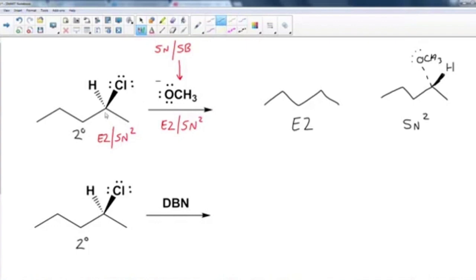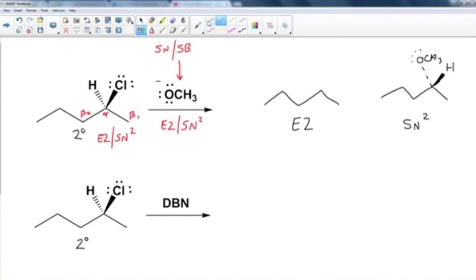Now we figure out the E2 product. We have the five carbons as we did before, with beta 1 and beta 2. Remember that the elimination reaction is going to follow Zaitsev's rule to show the most stable alkene product.